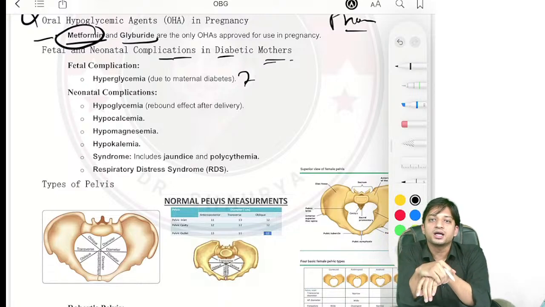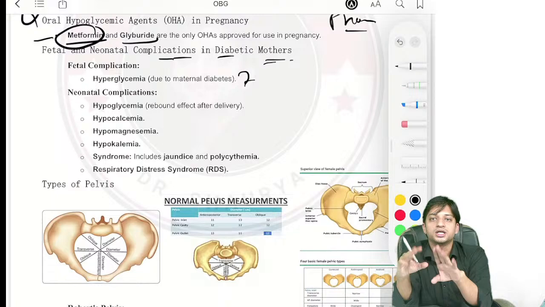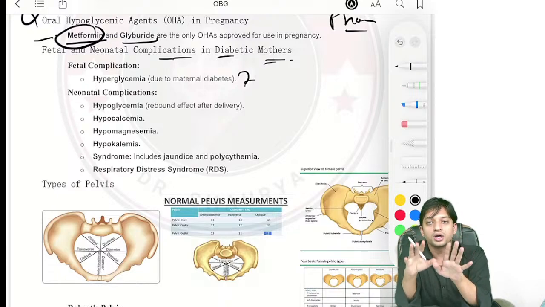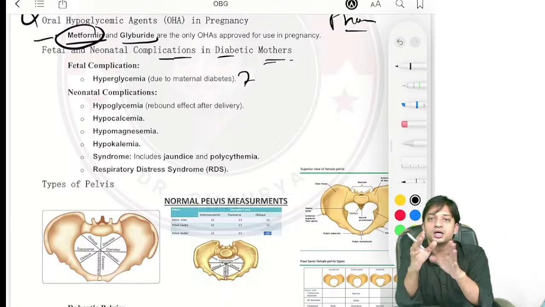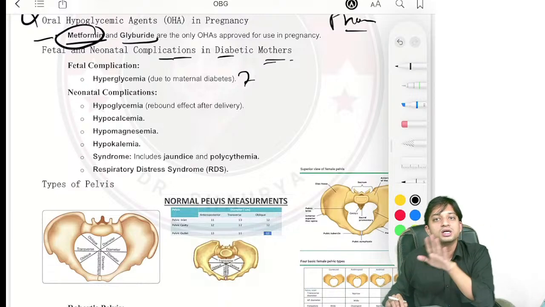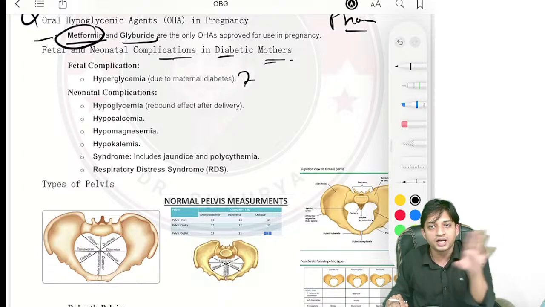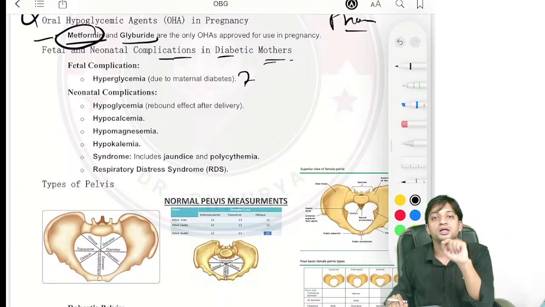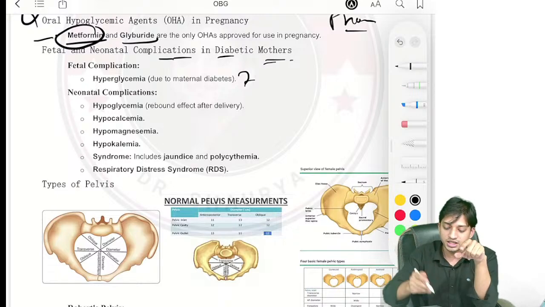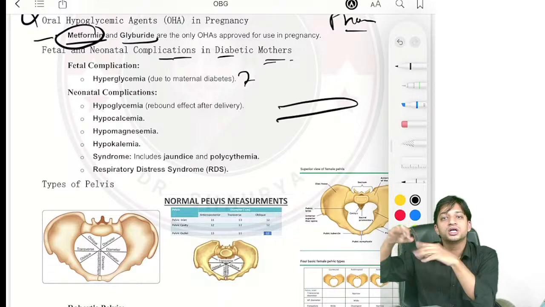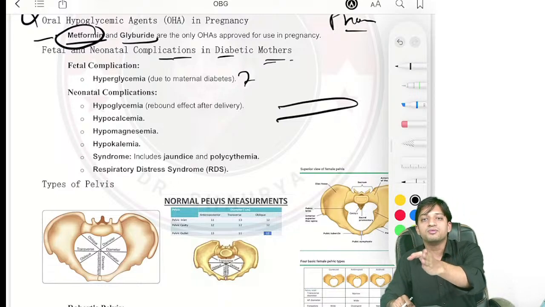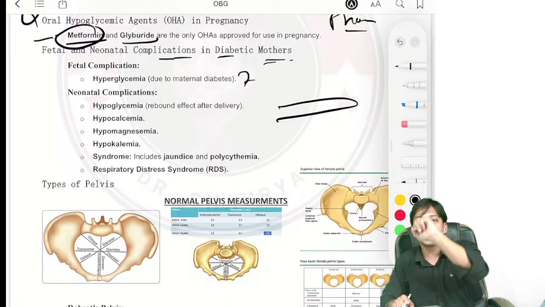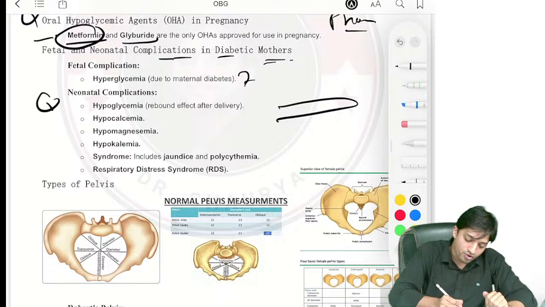So the fetal pancreas was secreting large amounts of insulin to control the hyperglycemia due to the mother. Once the baby comes out, there is no hyperglycemia for the baby, but its pancreas is still accustomed to secreting large amounts of insulin. What will happen if they secrete large amounts of insulin? Then the baby will suffer from neonatal hypoglycemia. Very important complication, remember.